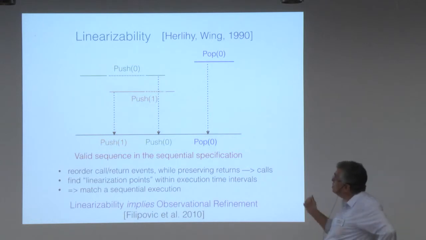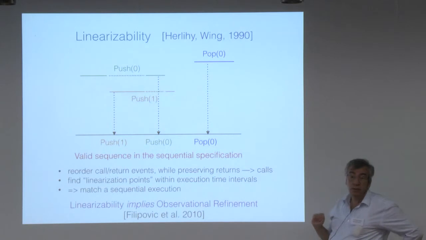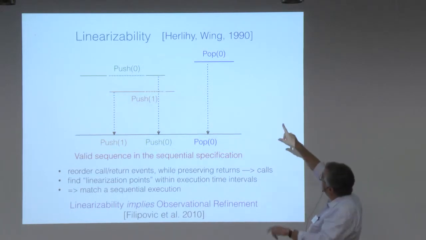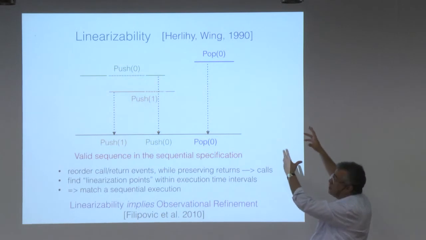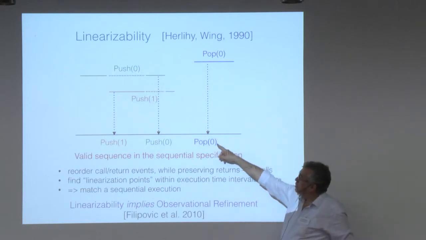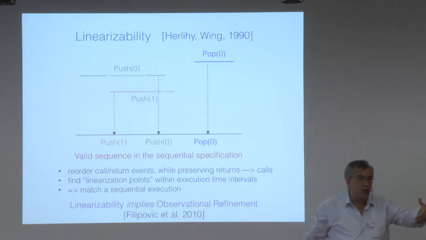I have to choose a point in time in each of these intervals of executions of these operations, and this is called the linearization point. And such that now, if I consider that the whole execution of this operation happens precisely at that point, now I get some sequence, and this sequence should be valid with respect to the specification that I have for this data structure, okay?